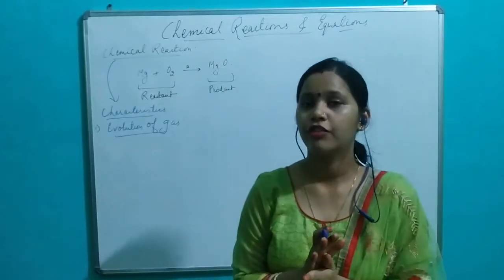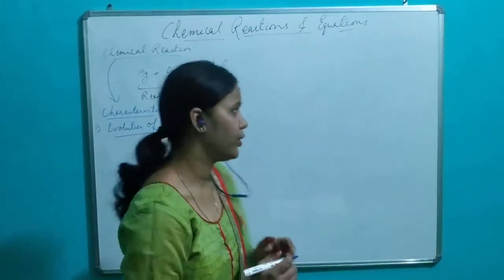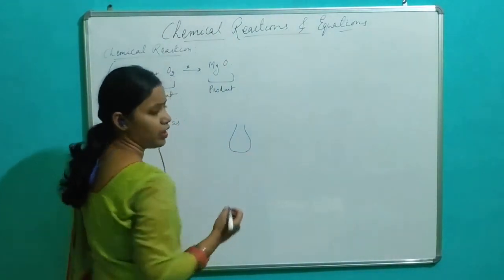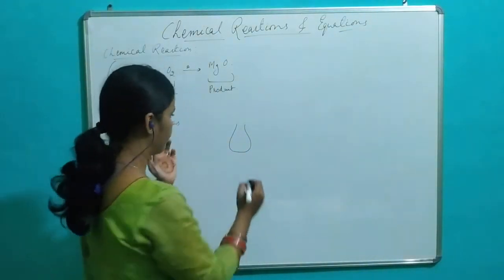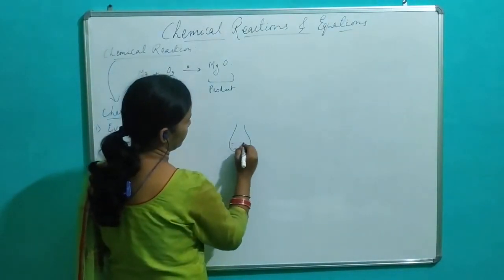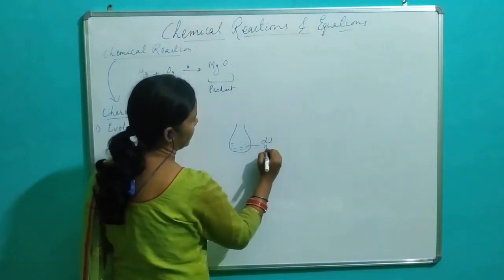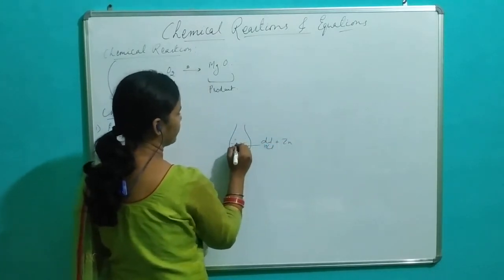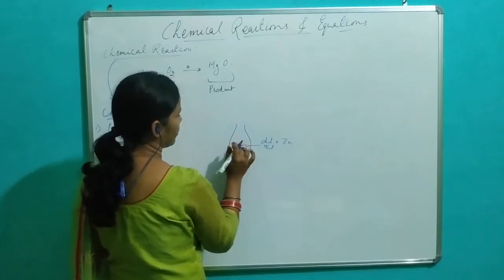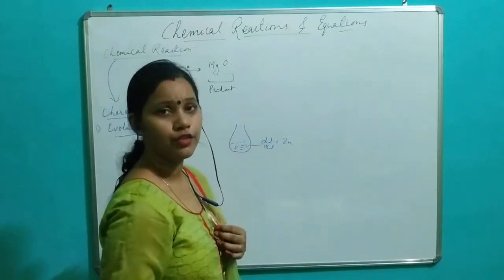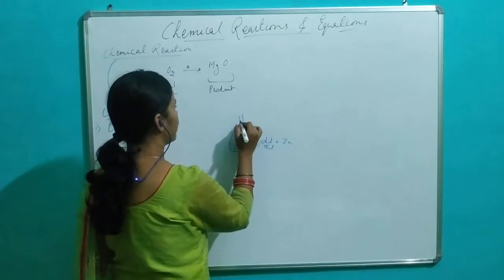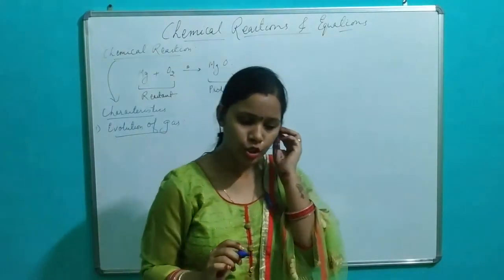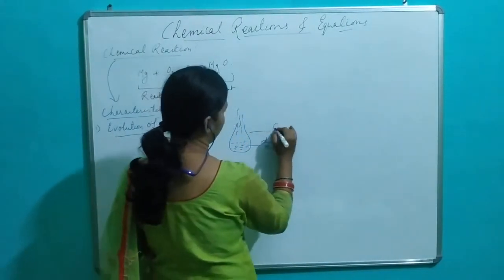For example, suppose you take a conical flask and fill it with dilute HCl. If you add some zinc granules into it, what you will observe is the evolution of gas.